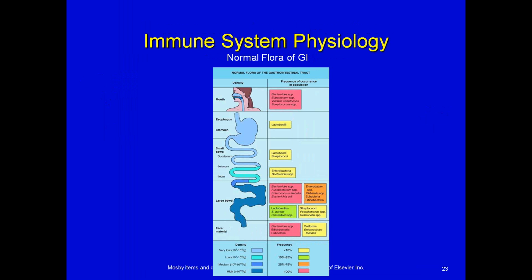This was just a slide illustrating the normal flora of the GI tract. And there are normal lactobacilli, normal lactostreptococci, normal enterobacteria in different parts of the small bowel as well as the large bowel. So we need a certain amount of bacteria in our GI tract.